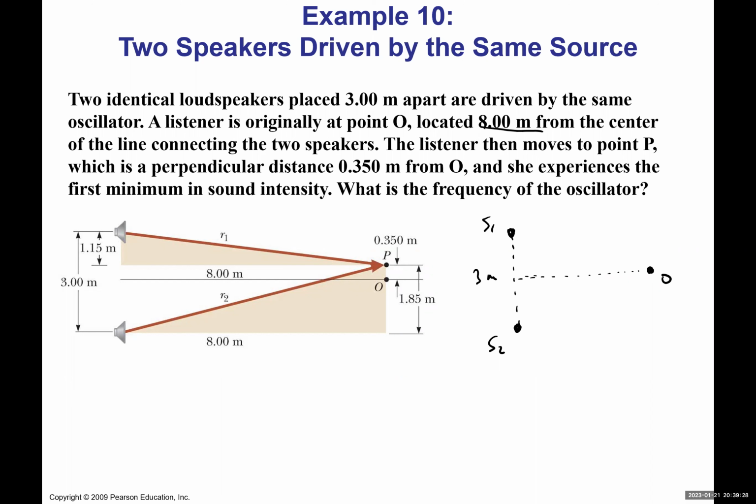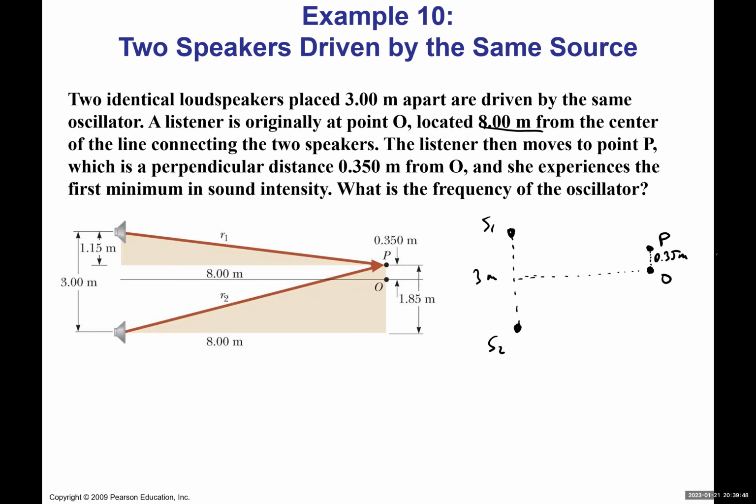Then the listener goes from O a perpendicular distance of 0.35 meters, from here to right there. Let's call this position P. This is then 0.35 meters.